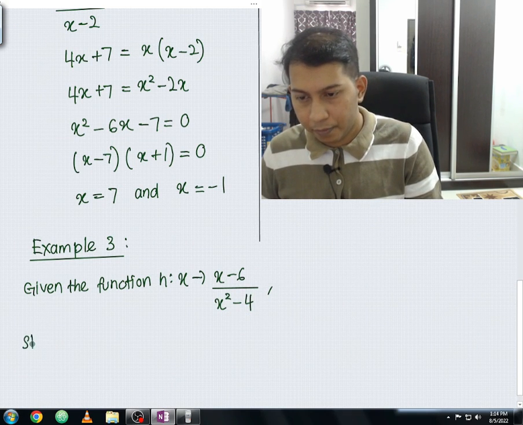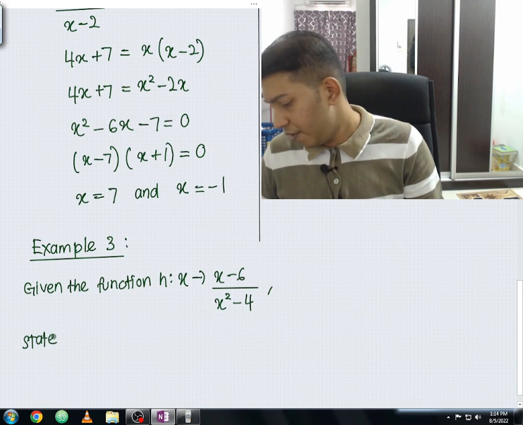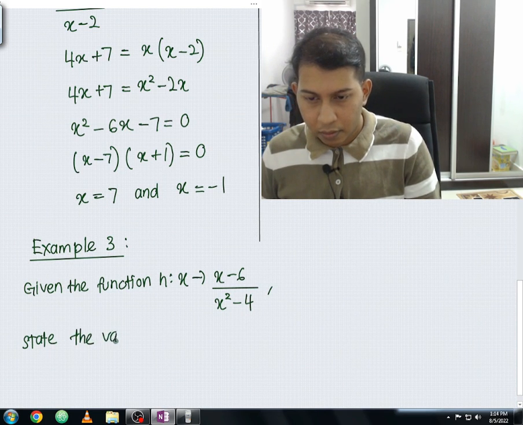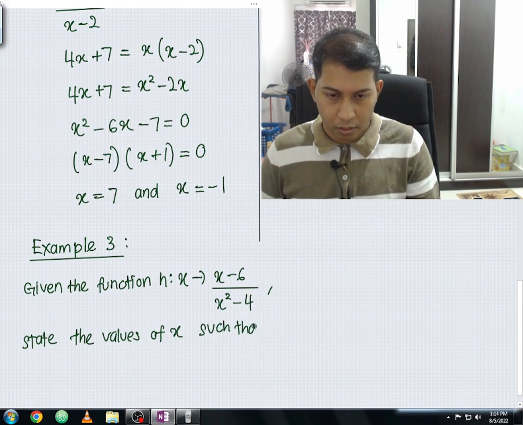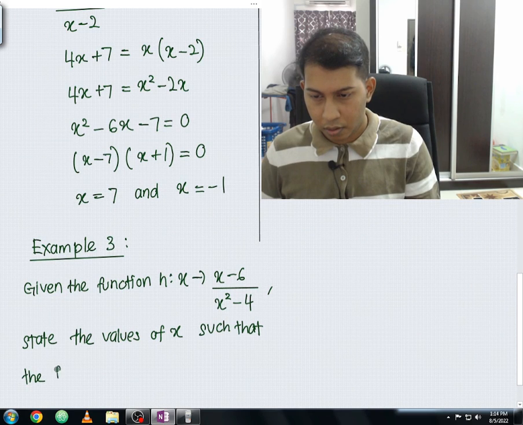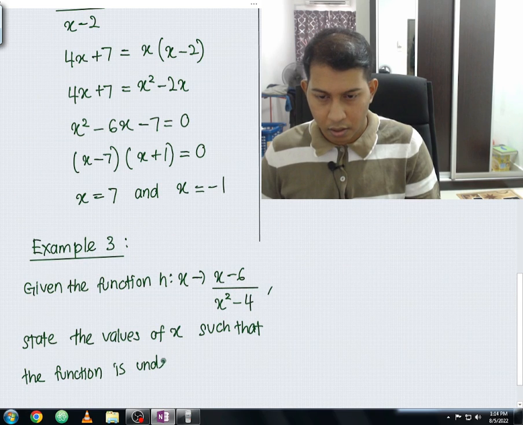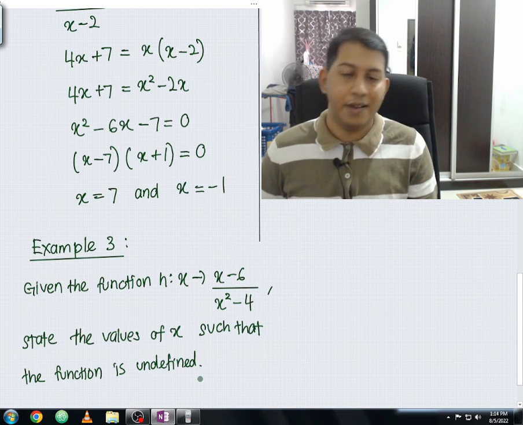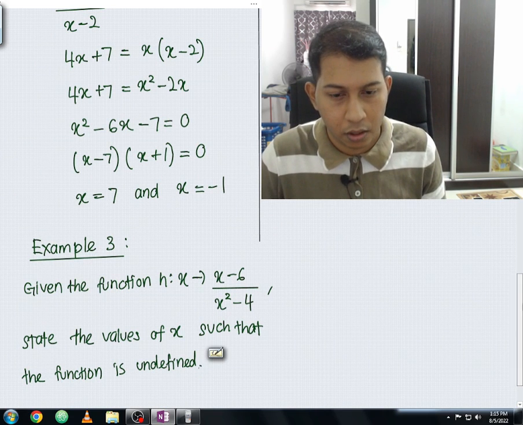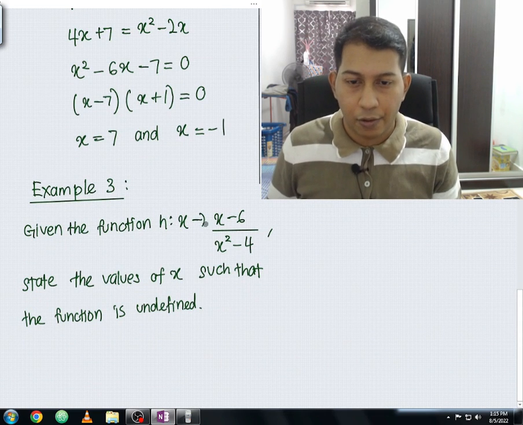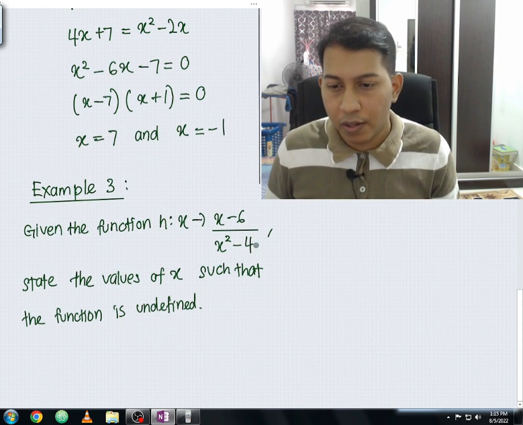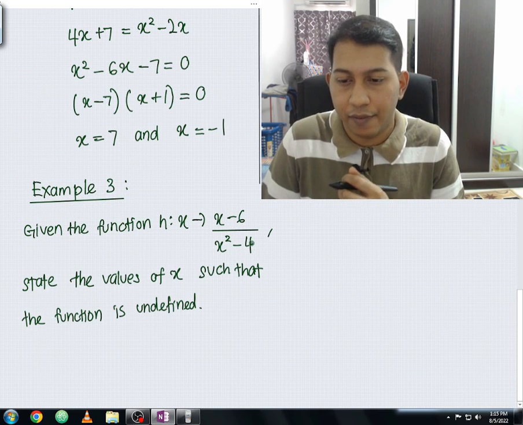State the values of x such that the function is undefined. So this is example 3. Given the function h colon x arrow x minus 6 over x square minus 4, state the values of x such that the function is undefined.